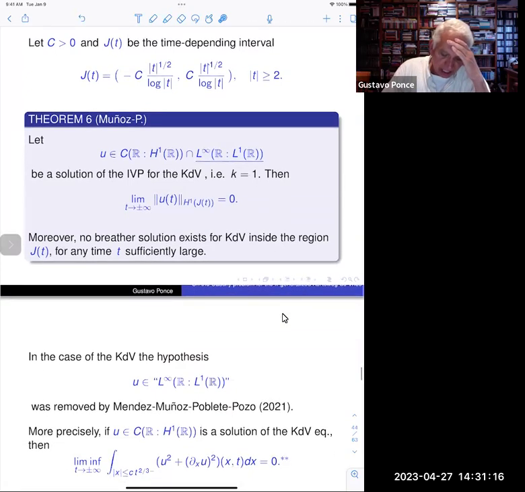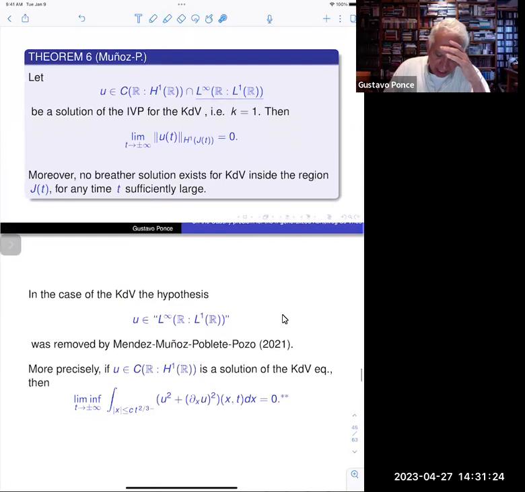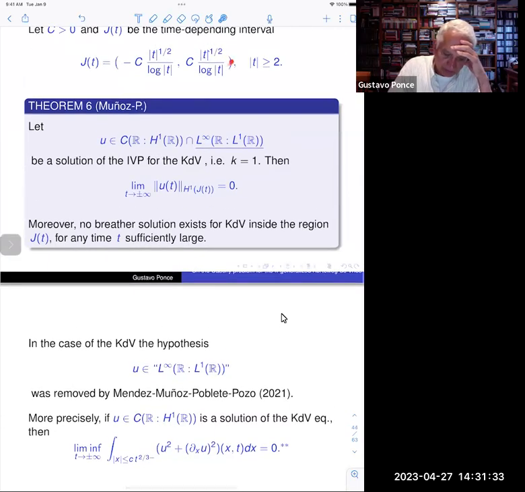Then this hypothesis was removed by Argenis Mendez, Muñoz, Poblete, Pozo, and they even extended this interval from t to the 1/2 to a little bit less than t to the 2/3.